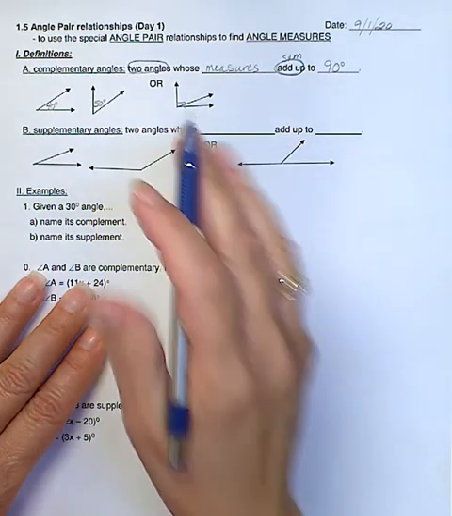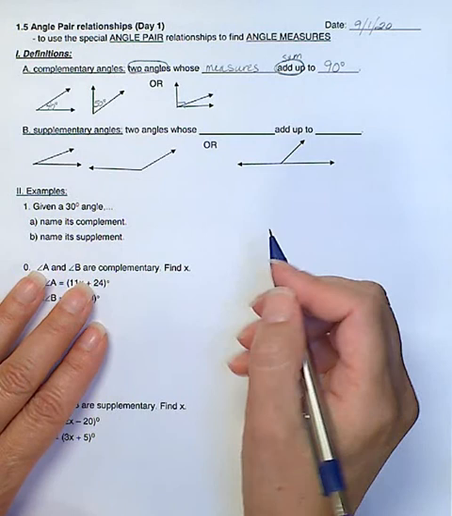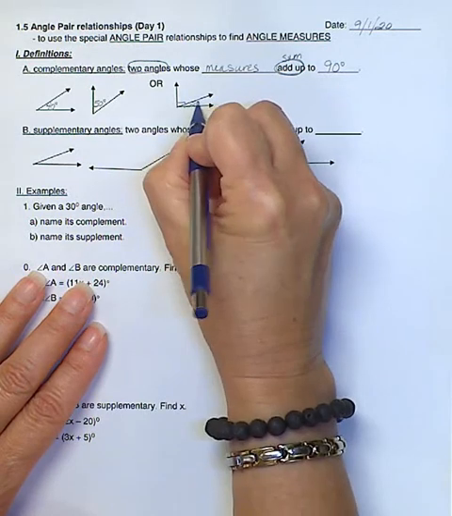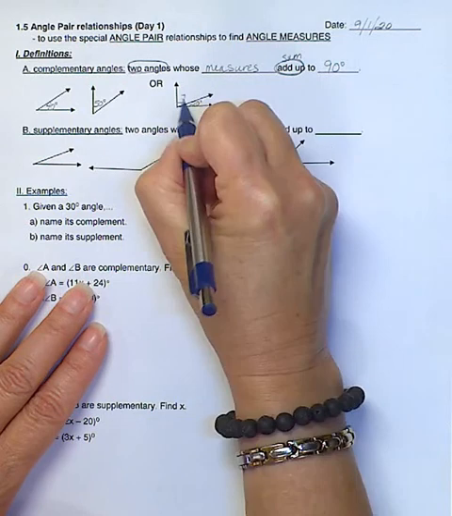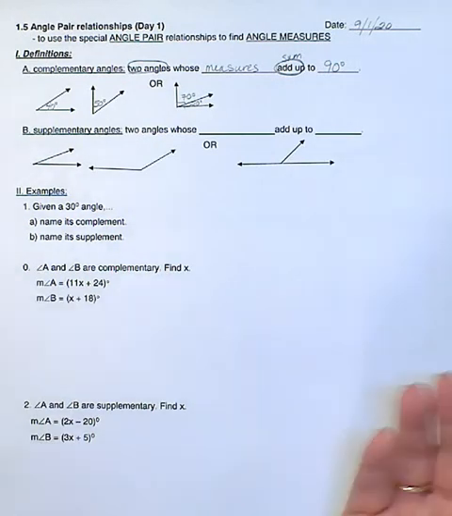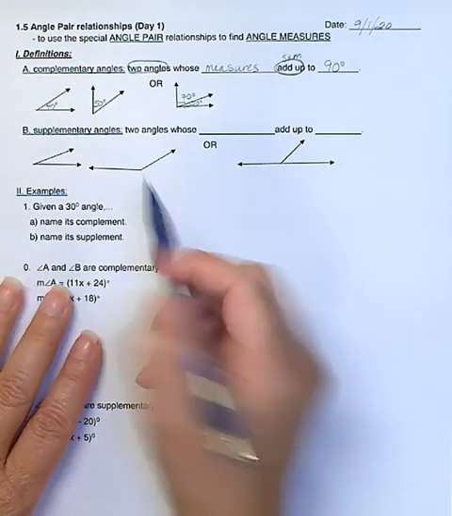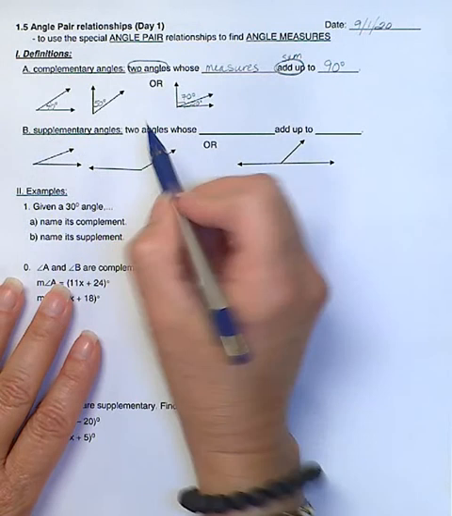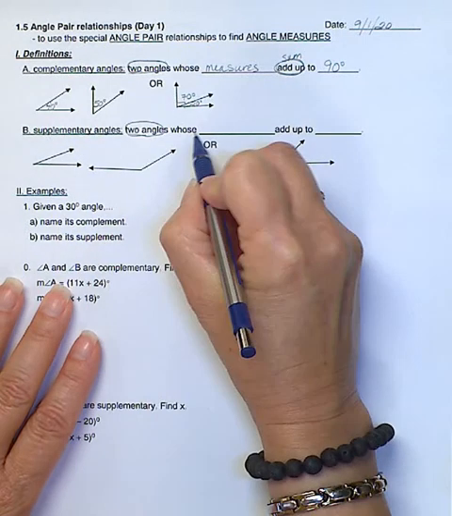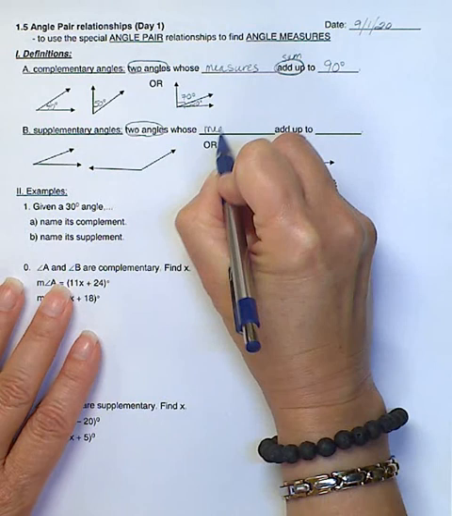The second word is supplementary angles, and again it is two angles whose measures have a sum of, or add up to, 180 degrees. And again, if you're looking at three angles and they add up to 180 degrees, that's fine.